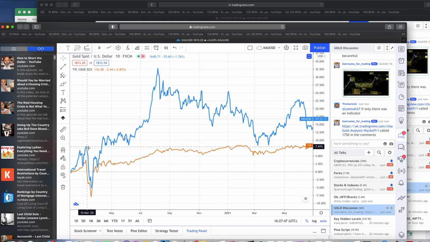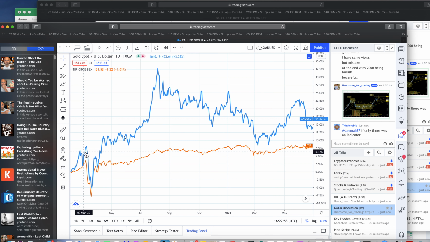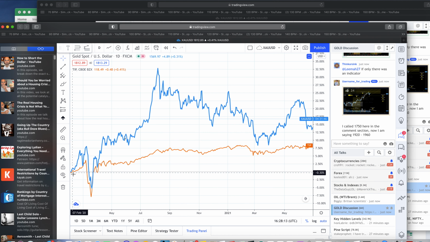Yeah, this is the March, the start of that virus crisis that we had, the shutdowns and all that. And so you can see that it kind of goes along with it, but the gold appears to be moving above the TIP if we take this as the starting point.